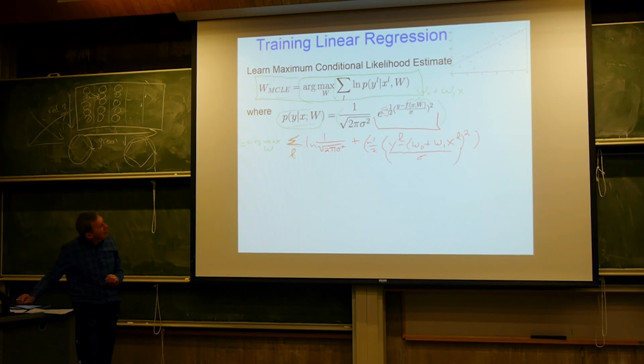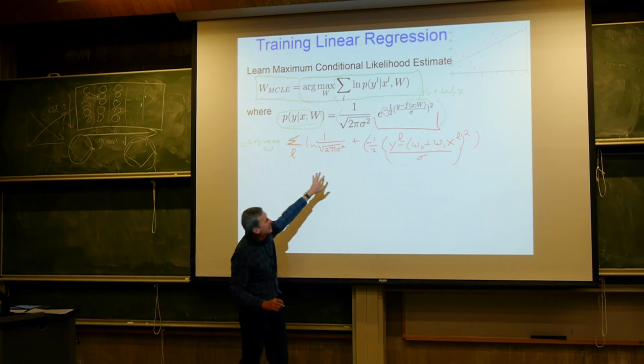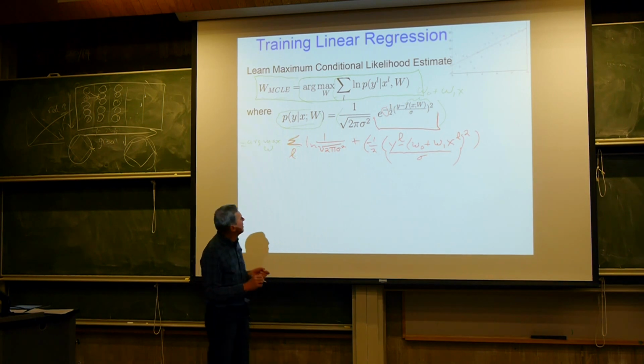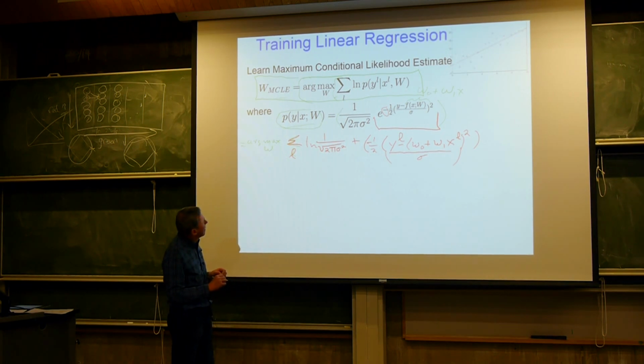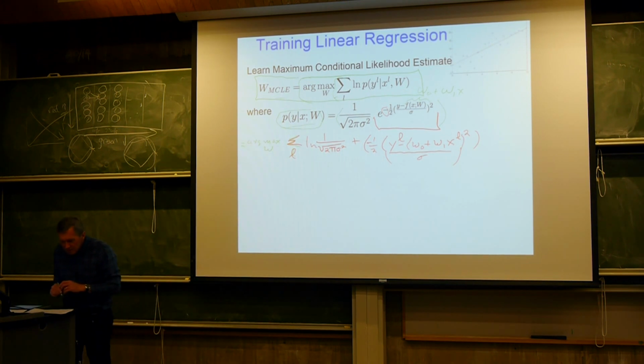Okay, so now if I want to maximize this using gradient ascent, or gradient descent, it means I'm going to want its derivative, but there's a point I want to make first.